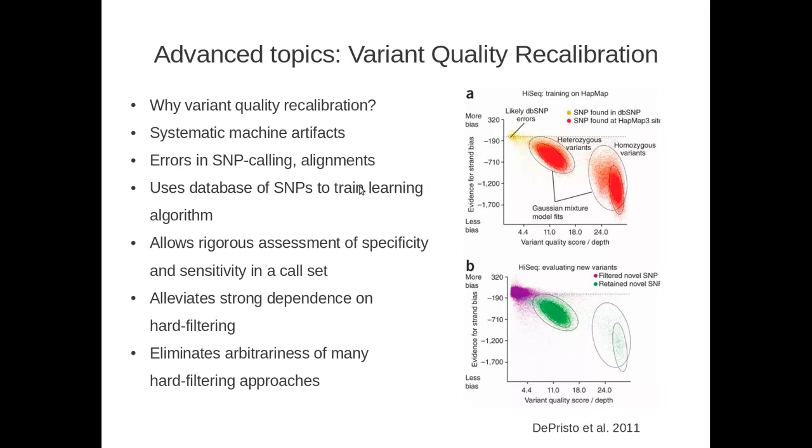In the end, if you've done any of the information processing sciences, you know about things like precision recall or ROC, the receiver operator curves. These are techniques that allow you to evaluate the specificity and sensitivity of a particular data set and make informed decisions about which sets of SNPs to keep and which sets to reject based upon, say, a false positive rate that you're interested in maintaining.